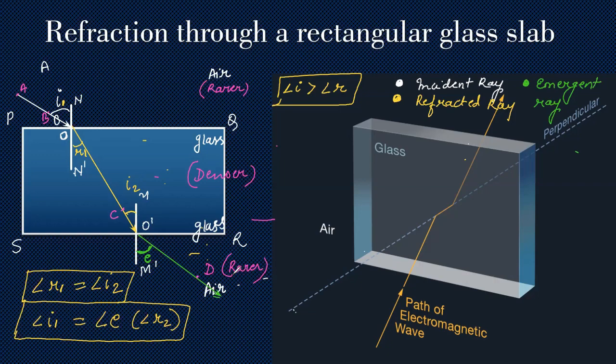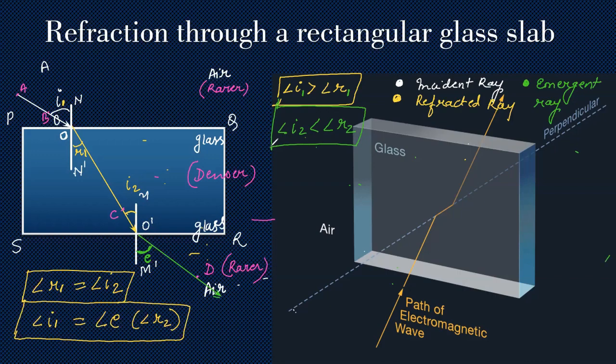As far as the second refraction is concerned, I can conclude that the angle of incidence I1 is greater than R1. And in the second one, the angle of incidence I2 is less than the angle of emergence R2. And I have already given an explanation for that.